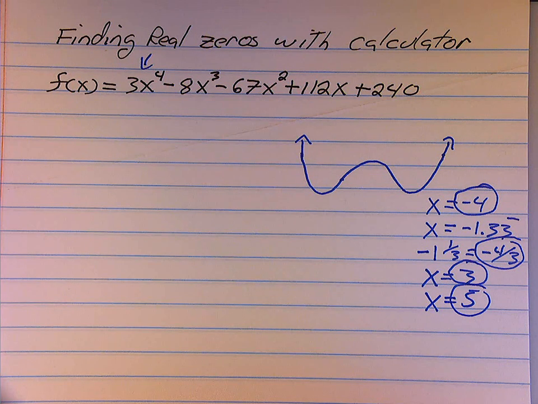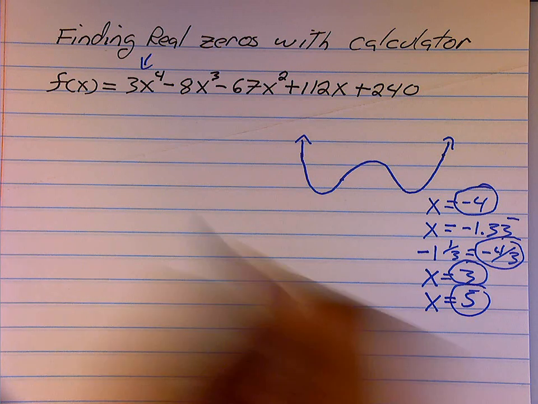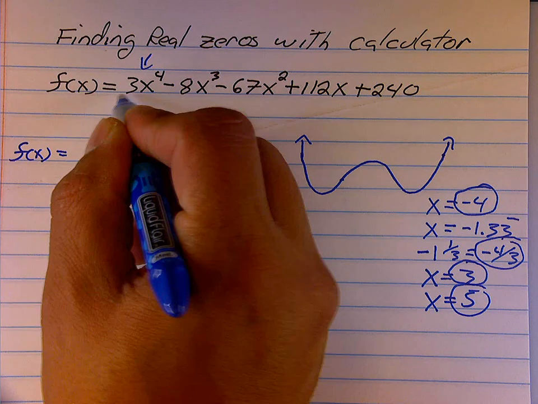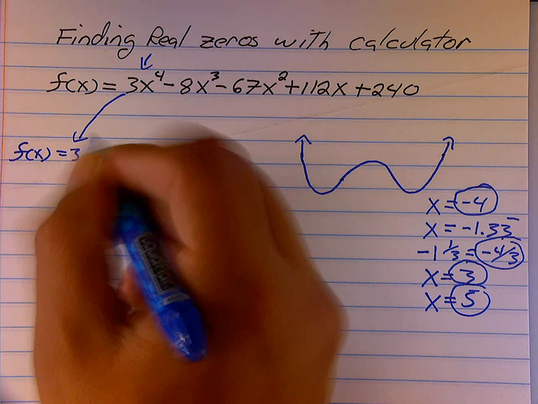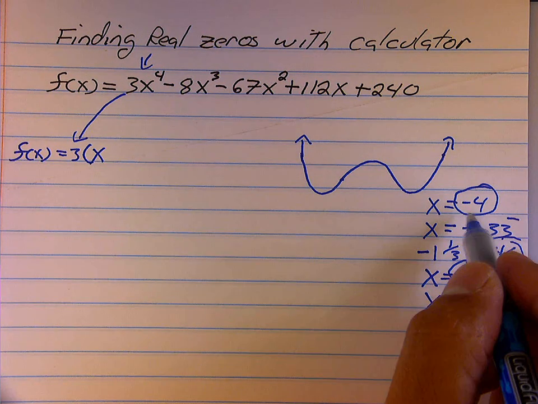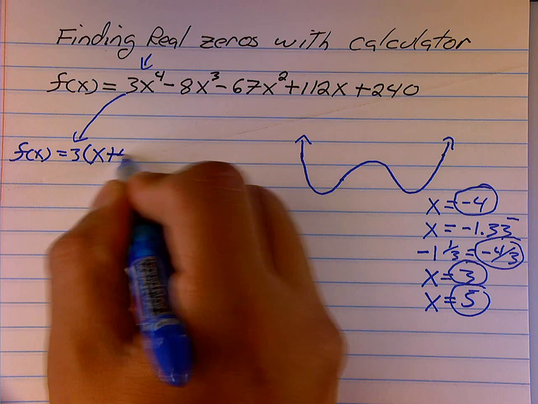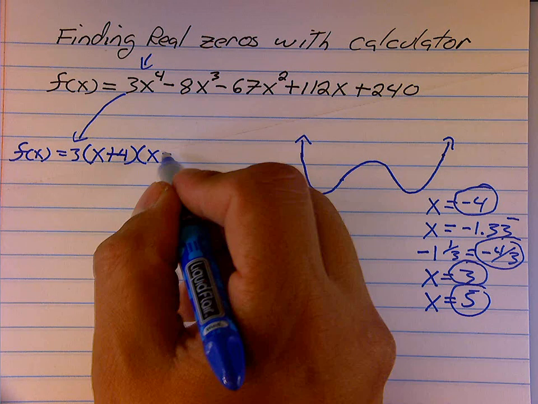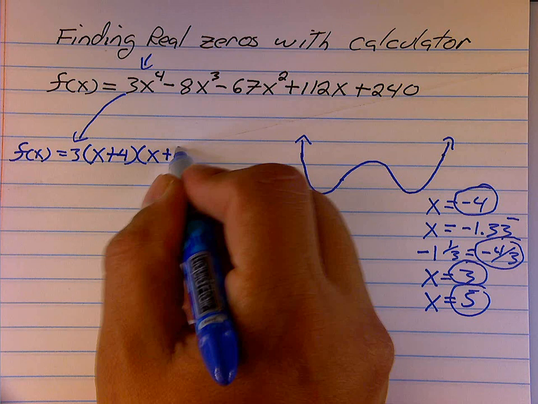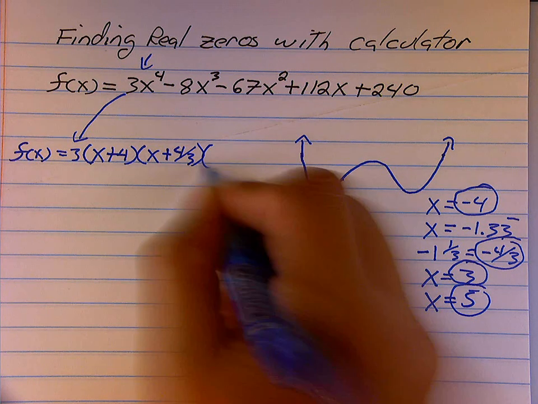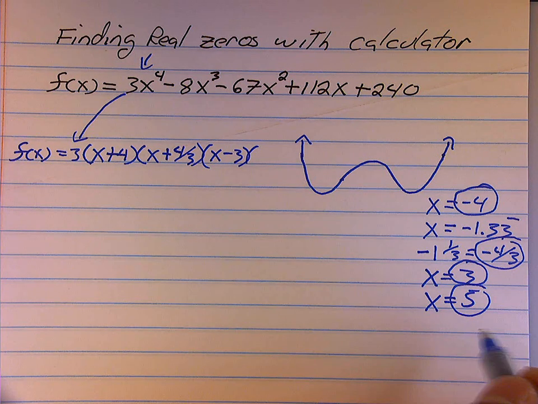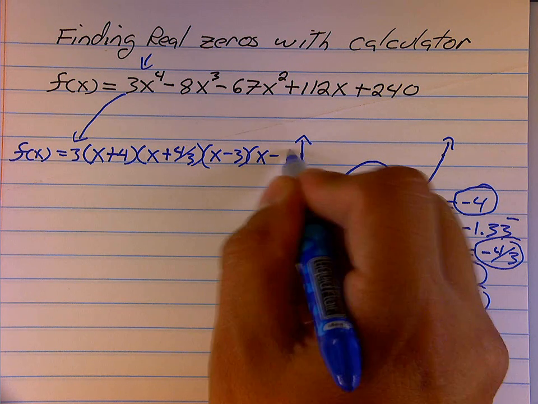which means I can now write this in factored format. f of x equals, I'm going to bring down the 3, times x minus a -4, times x minus a -4/3, times x minus 3, times x minus 5.